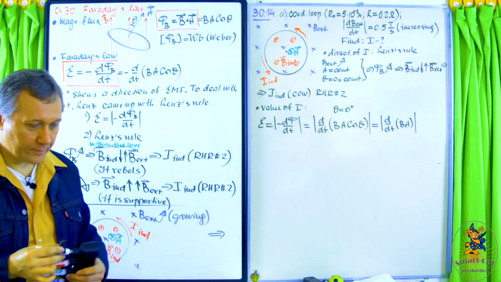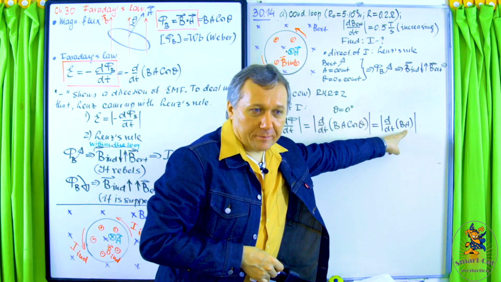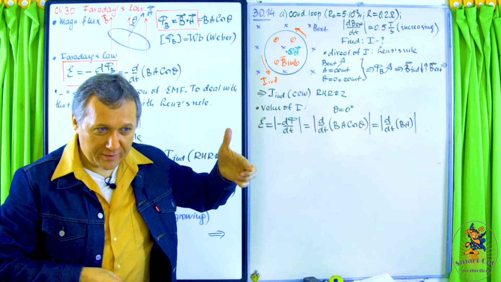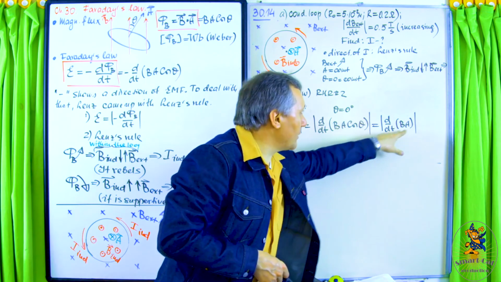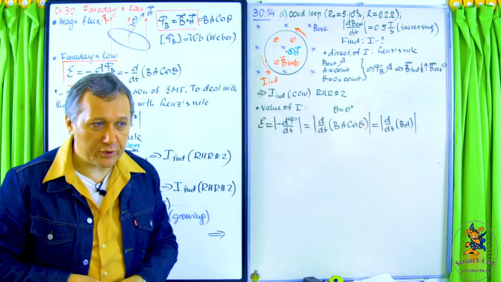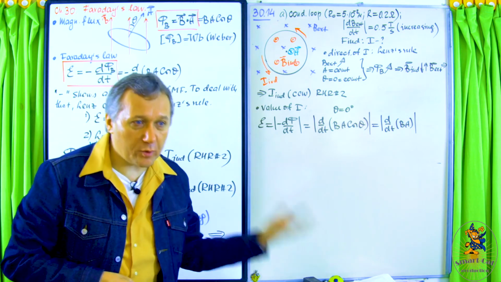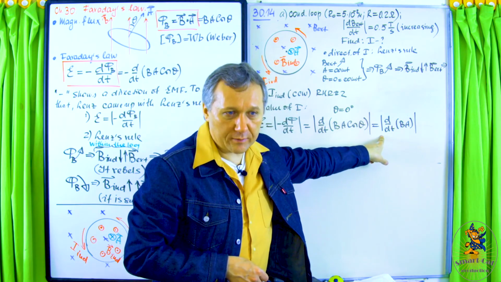Now, what can you say about the area? It's constant in time. We don't change it. B changes with time, but since A is constant, we can extract it from the sign of differentiation. You can do it from the mathematical point of view. And also the area can only be positive, so we can extract it even out of the absolute value sign.